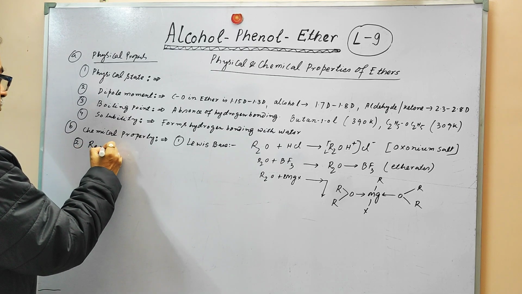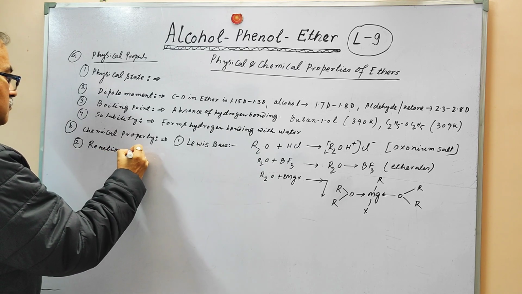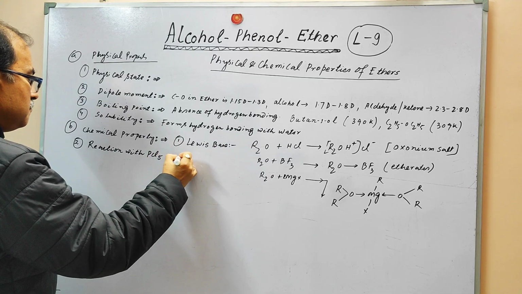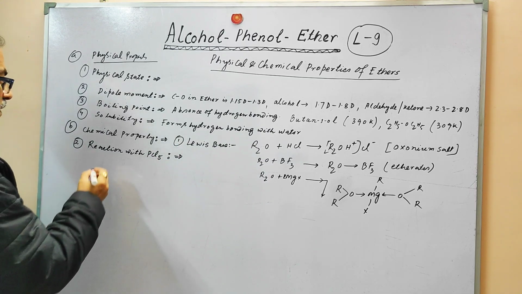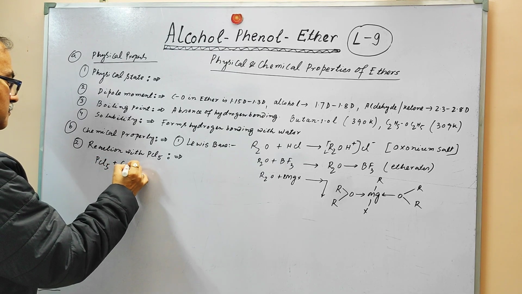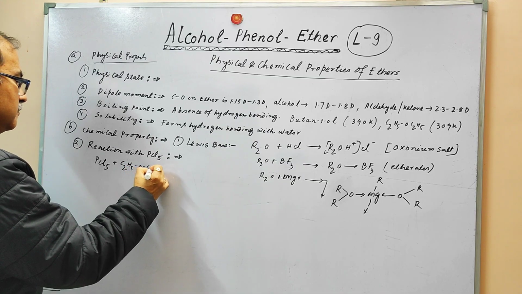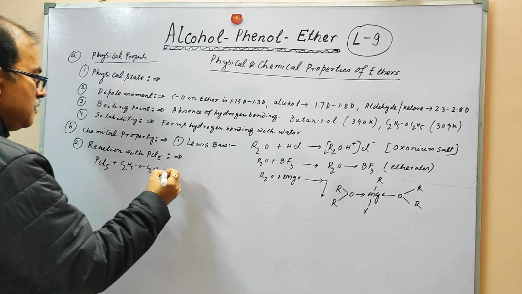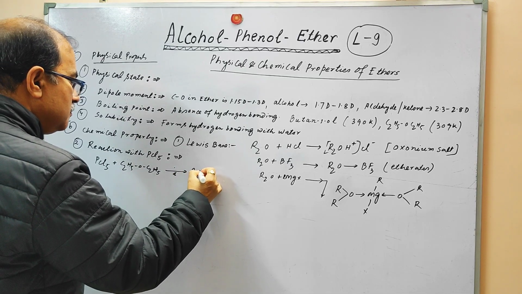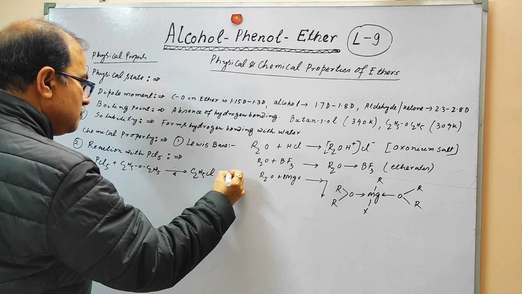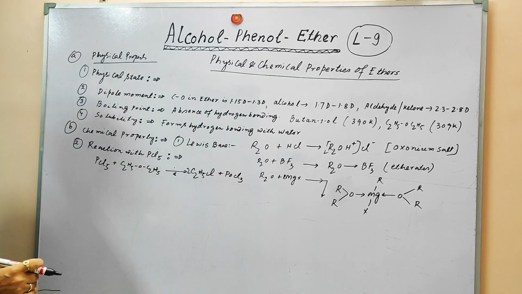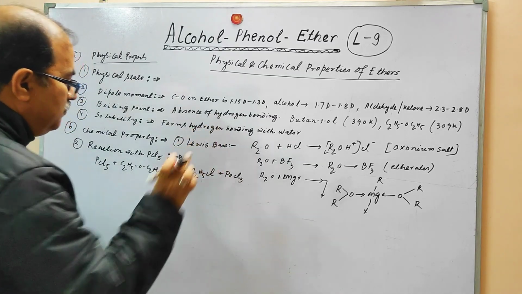Here you can see PCl5 plus diethyl ether, and when it is heated it will produce ethyl chloride and POCl3.